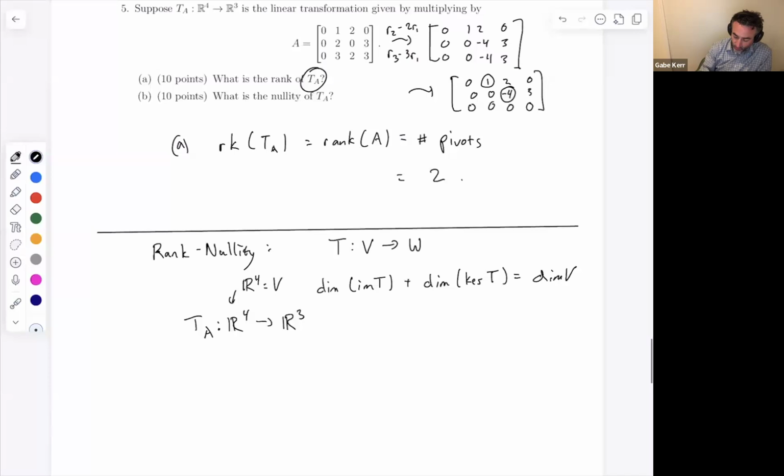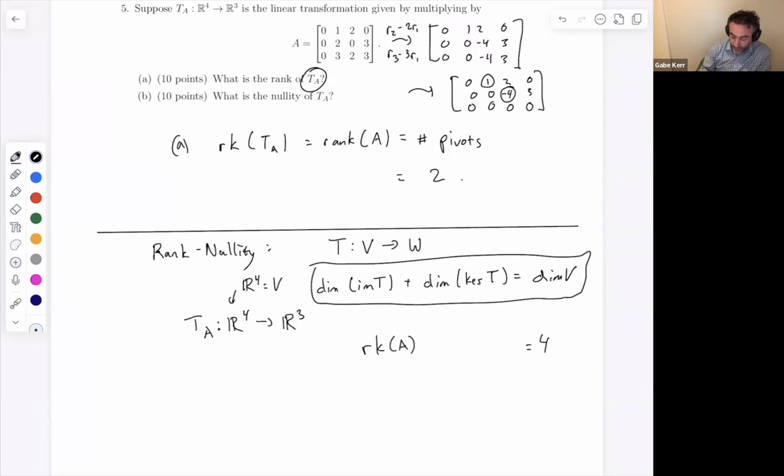What does rank nullity say about this linear transformation? Well, V is R4, so the dimension of V is 4. The dimension of the image is the rank of the matrix, rank of A. The dimension of the kernel is what's called the nullity. So the rank of A plus the nullity of A is 4.